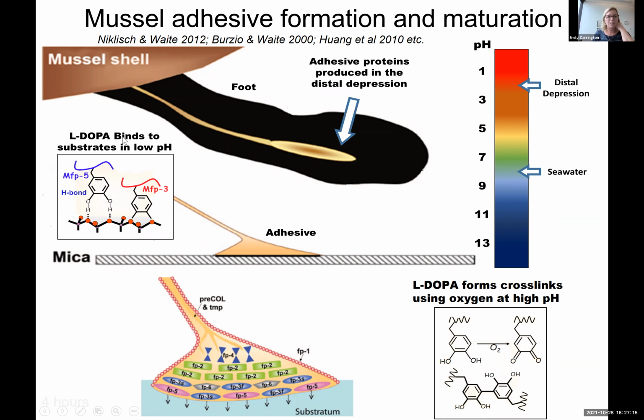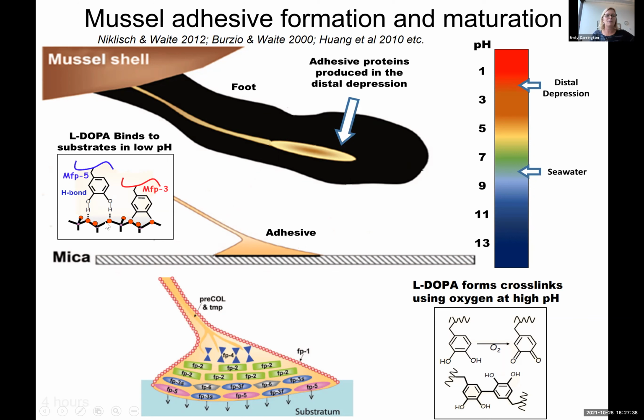And we know that they need to have a very low pH to be able to even flow through those secretory vessels to get to the substrate. So what the animal does when it pushes its foot against a substrate is it eliminates protons and lowers the pH of the water. So in that distal depression, we have a pH of somewhere around 2.